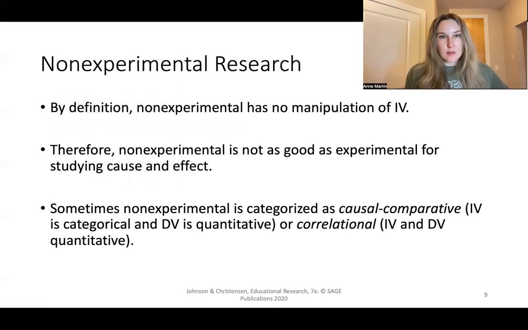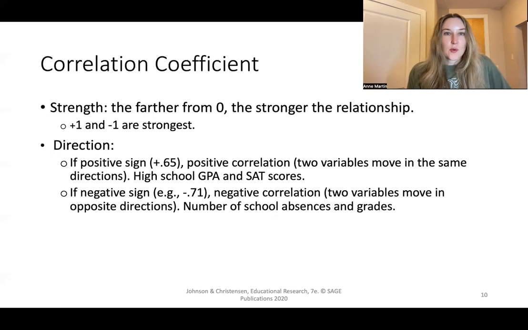Now, in non-experimental research, we're not manipulating the independent variable. Sometimes it is called correlational. So you're trying to figure out, is there evidence that there's a correlation or some type of relationship between groups?